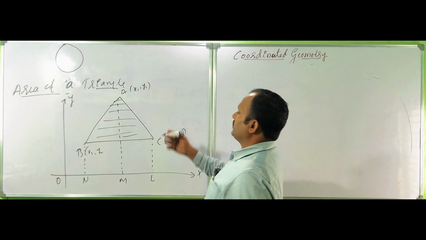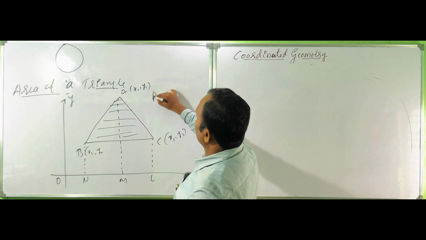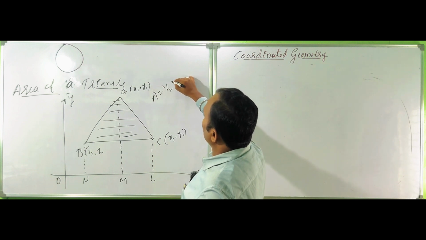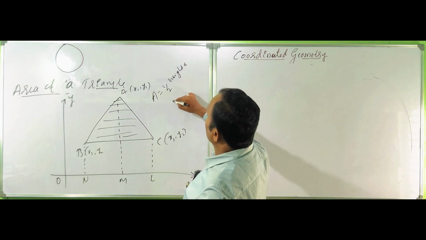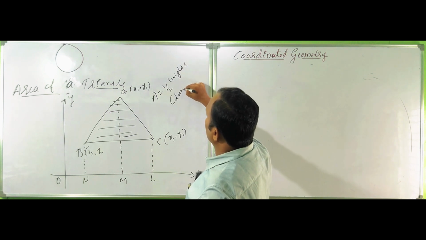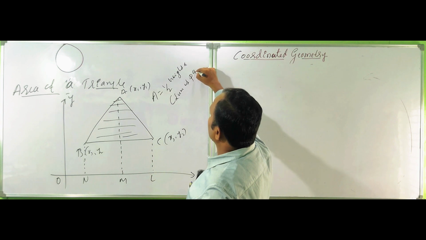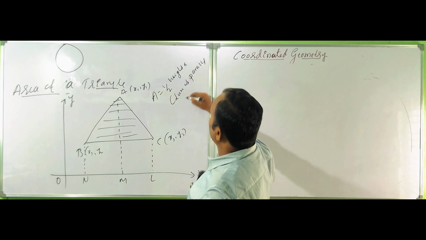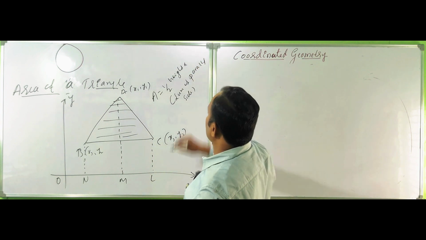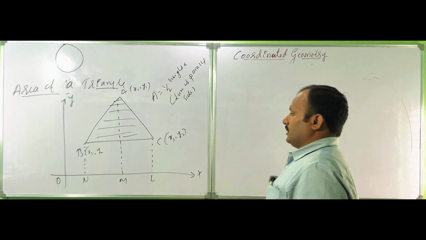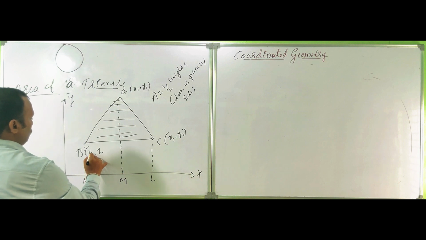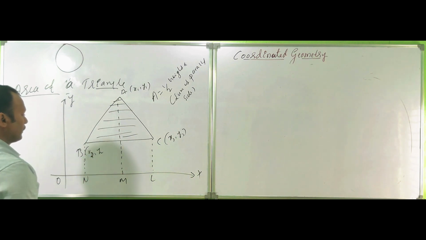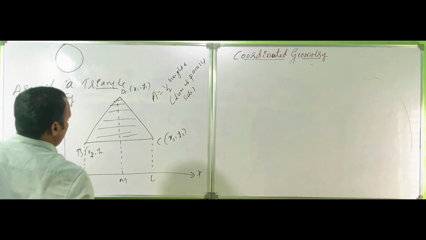Here the area of the trapezium is 1 by 2 height into the sum of parallel sides' length. Here, this is x2, y2, this is x1, y1.